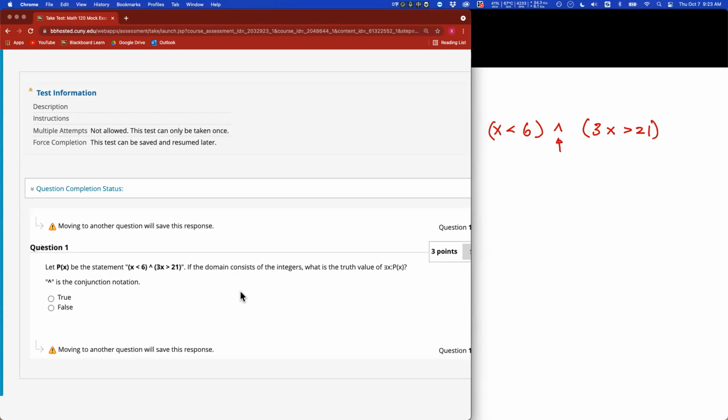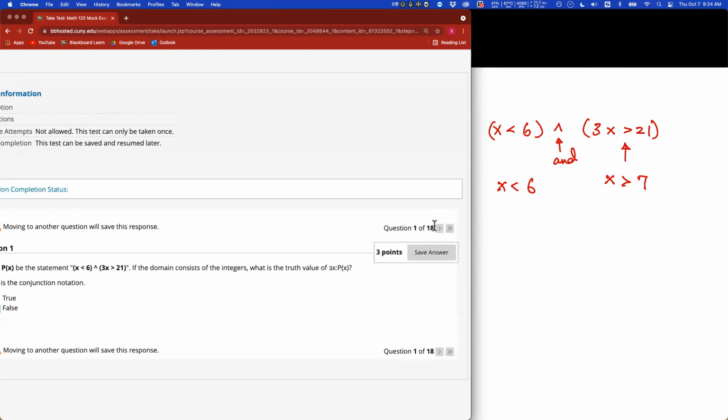Now conjunction here means and. That means you want to have your x satisfy both conditions. Now if you look at this inequality here, 3x greater than 21, you can simplify, divide 3 on both sides, so you have x is greater than 7. So you have x is less than 6 and x is greater than 7. Can you find any integer x where x is less than 6 and greater than 7? No, so the answer is false.